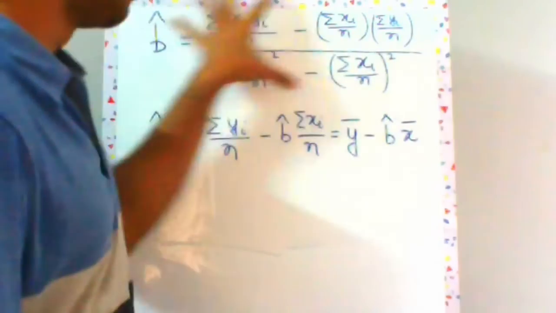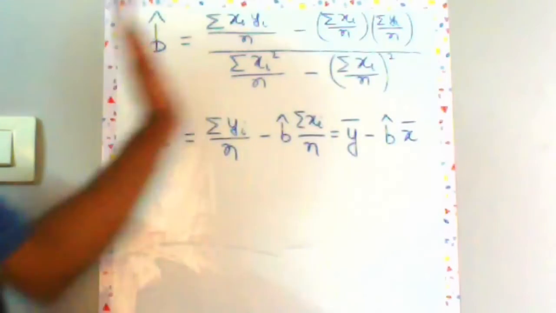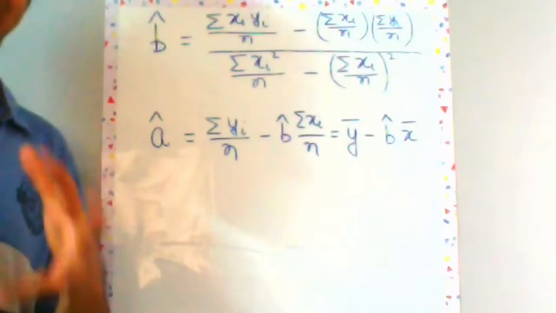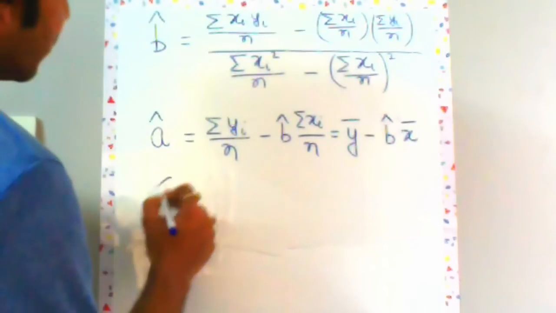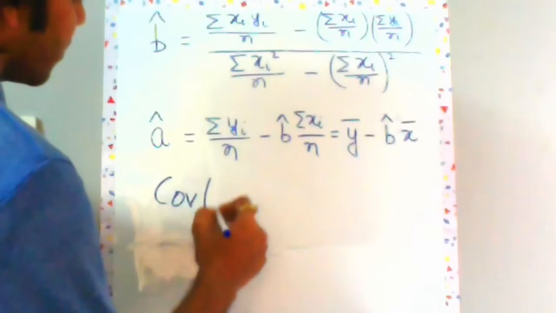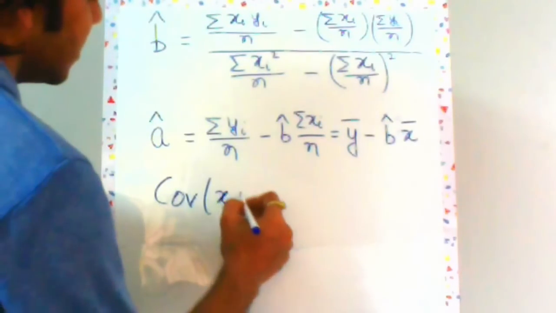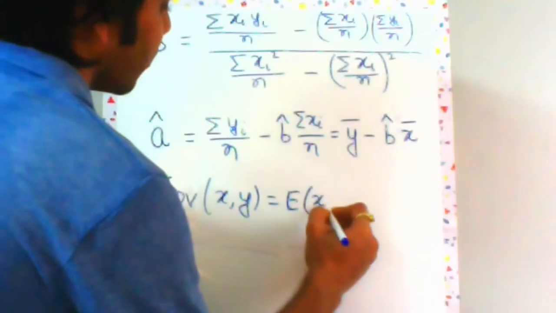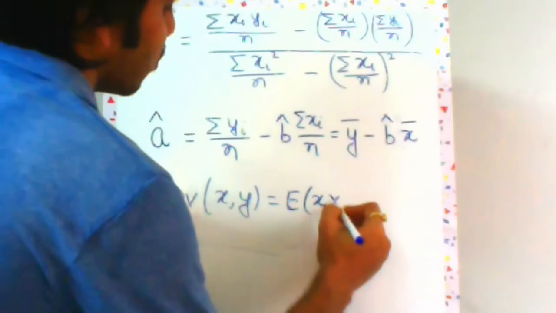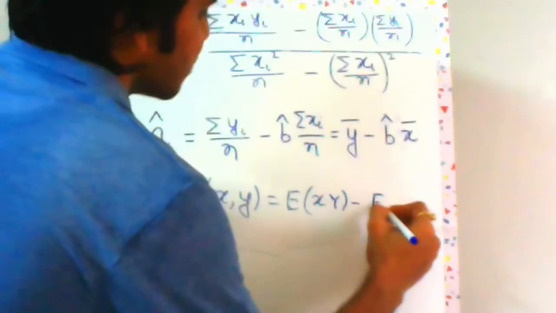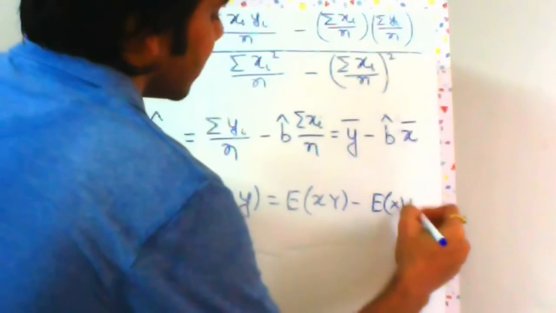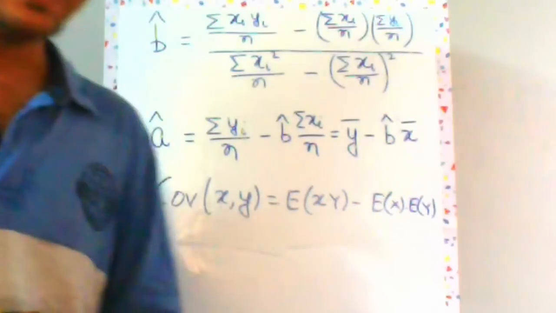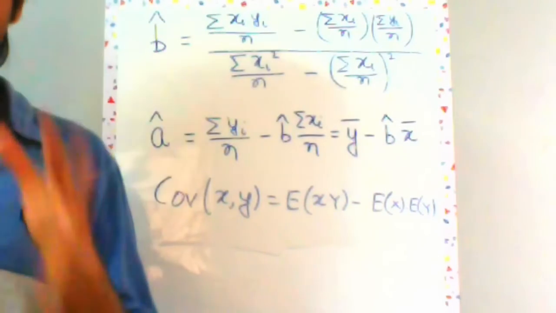Now, this looks quite intimidating, but it is not. I'll give you a bit of recall on elementary statistics. Covariance of xy is equal to expected value of x into y minus expected value of x into expected value of y. Now, expected value can be thought of as average.